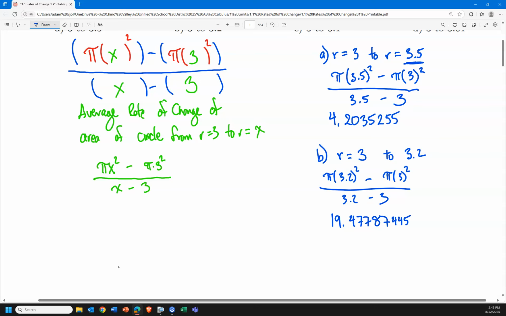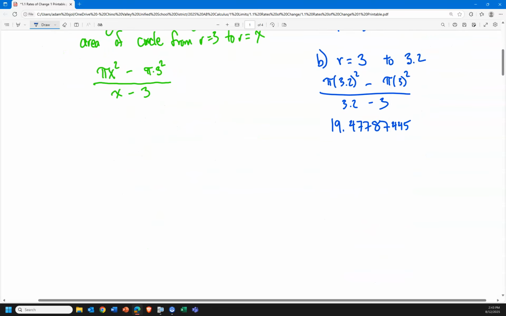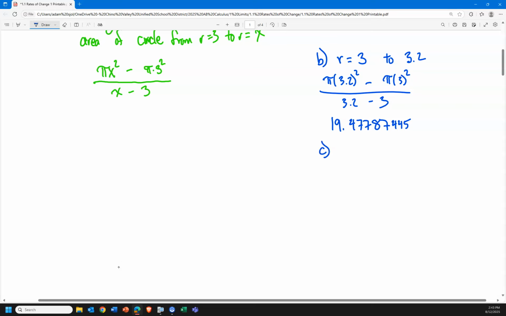Cool. And then I'm supposed to do from 3 to 3.1. Maybe I'll just keep going vertically. R equals 3 to R equals 3.1. And that's going to be really easy to type in my calculator. All I have to do is tell it, hey, use 3.1 where I put in those x's.